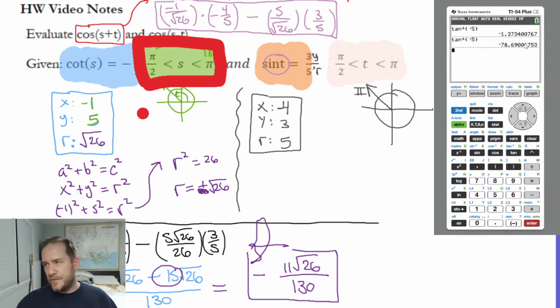So if I wanted to port this thing back over into quadrant 2, wouldn't I just want 180 minus the 78 point blah blah blah? So technically I guess I just add on the answer, and I get 101, right? 101 would be the quadrant 2 angle that has the same reference angle as the thing I just did.